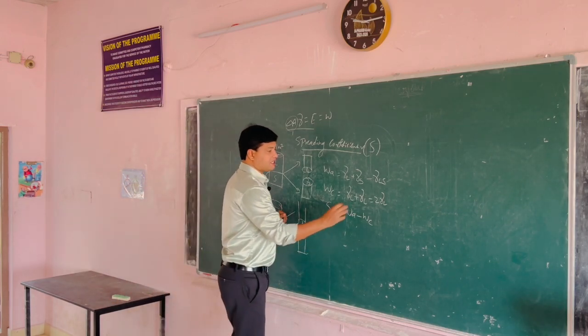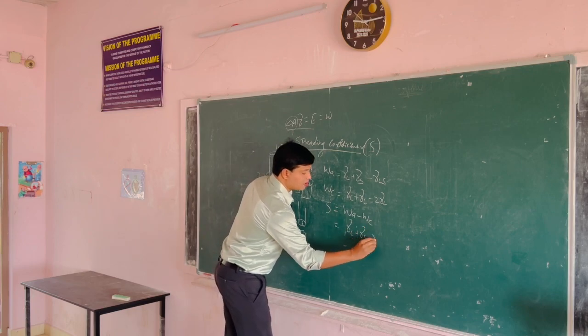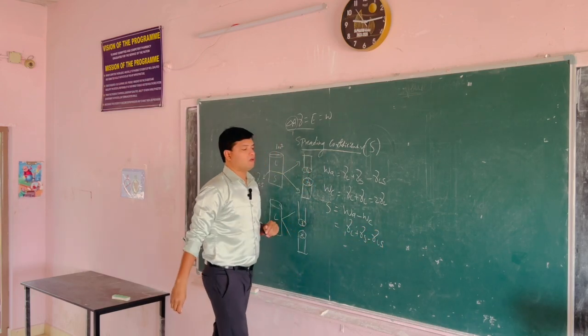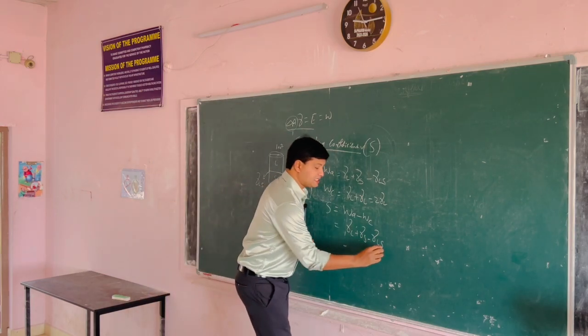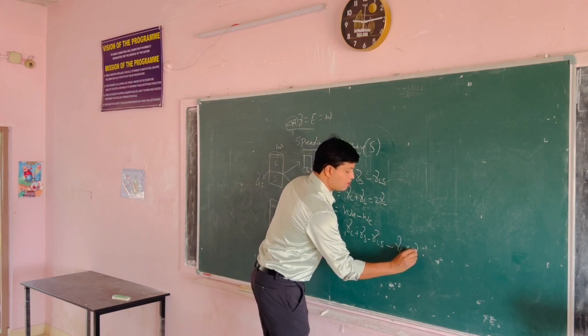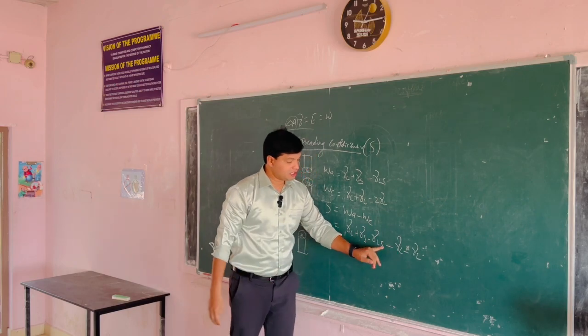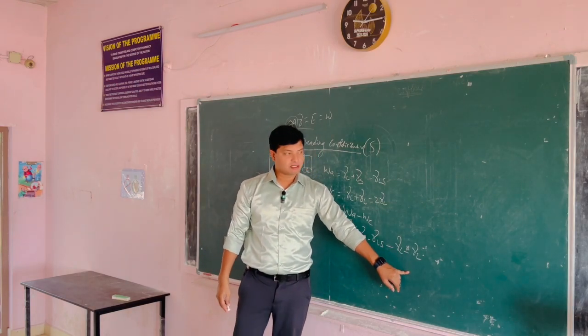So what is work of adhesion? This is work of adhesion minus, what is work of cohesion? These two. Why am I writing minus here? If you take this bracket and keep it here, this minus, if you multiply, it will become minus.